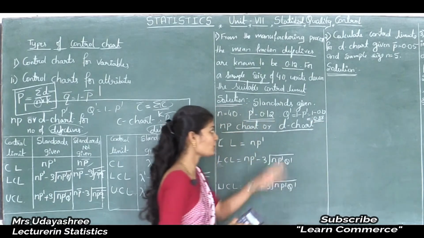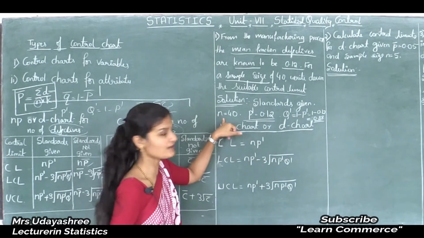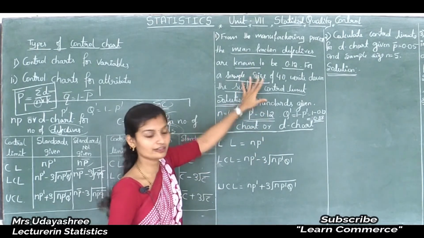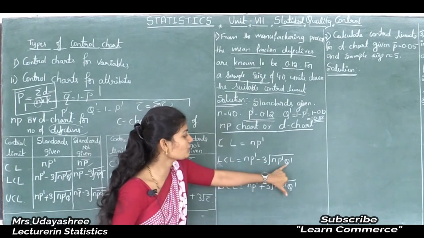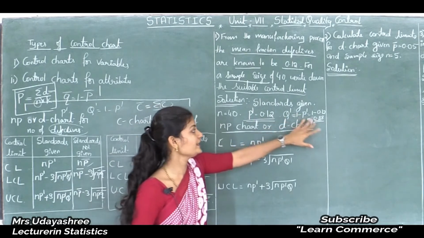Now we have all the observations for the formula: n and P dash are given in the question, and Q dash we calculated from P dash.